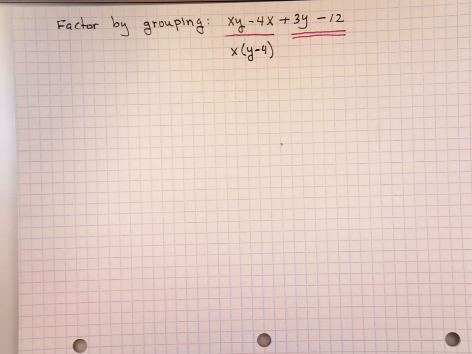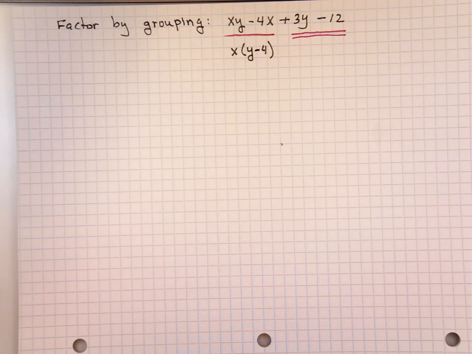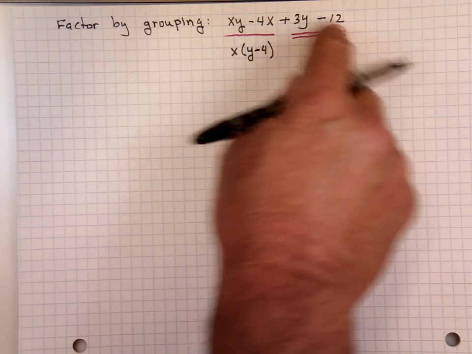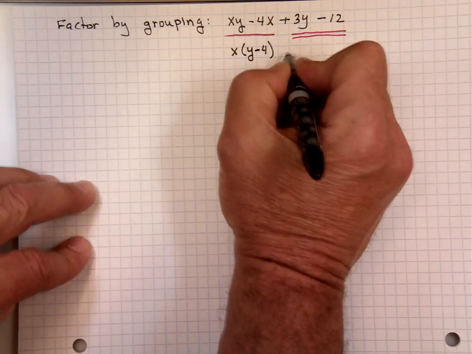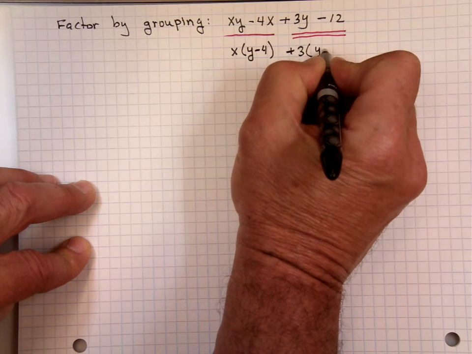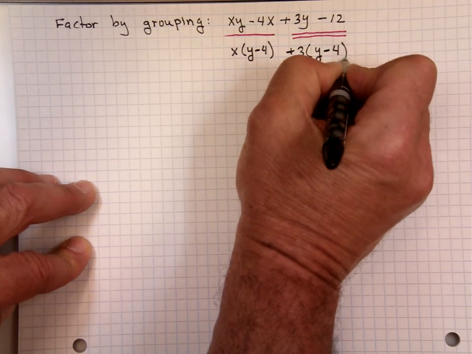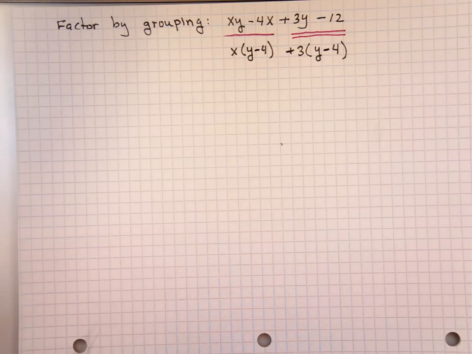And let's look at the second group here. What do they have in common? The greatest common factor for them is a 3. If I take the 3 out, what's left? Y minus 4. Notice now you have a y minus 4 in both of them, which I can factor outside.